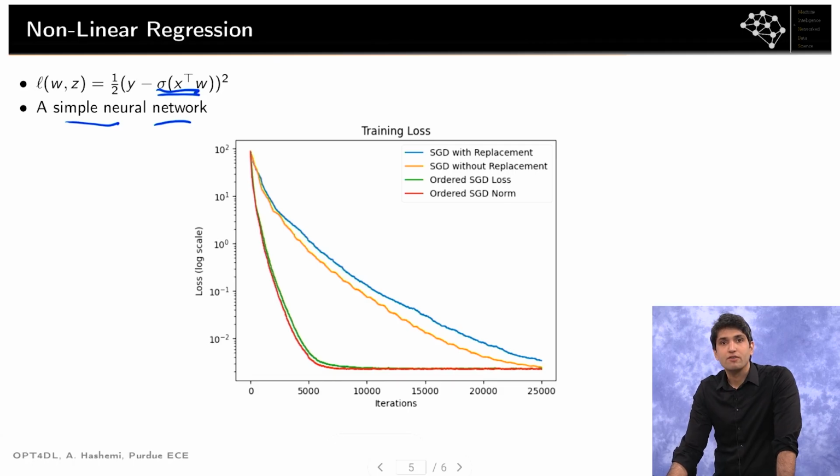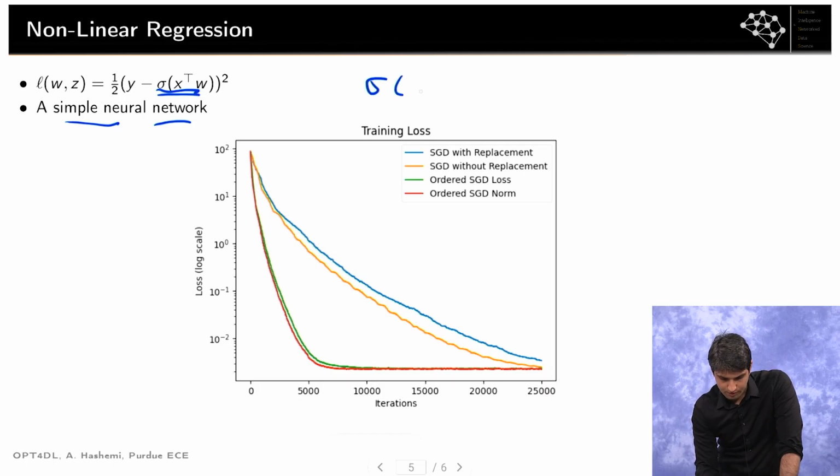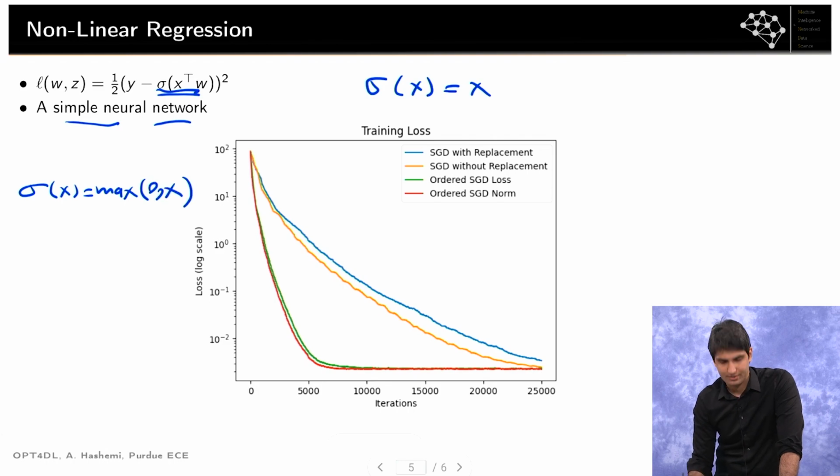Linear regression, you can think of it as a neural network with linear activation functions, okay? Where sigma of x was basically x, like a linear function. In this case, in the plot that I'm showing here, or in this experiment, sigma is the ReLU activation. So it is something nonlinear.